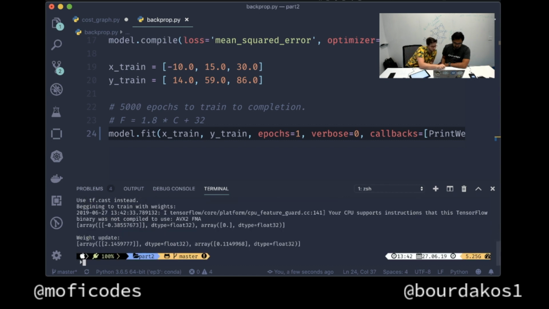Did it do it? Yeah. So for our initial weights, our bias was 0, and we started the weight out at negative 0.3855. Is it always that, or is it random? It's just random. If I run it again, I should see something different.